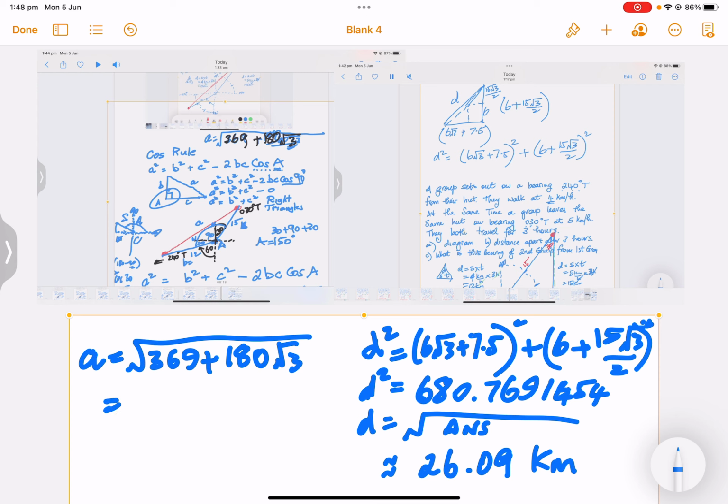If we do this one, the square root of 369 plus 180 root 3, get that number as a decimal, which is the square root of 680.7691454.